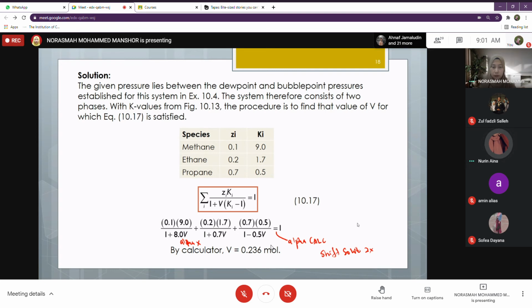Okay, Madam. Dapat jawapan? Sekejap. Ada yang tak dapat guna calculator?